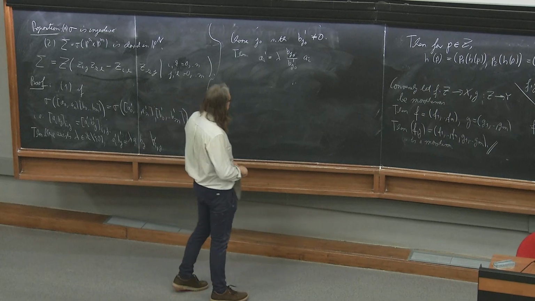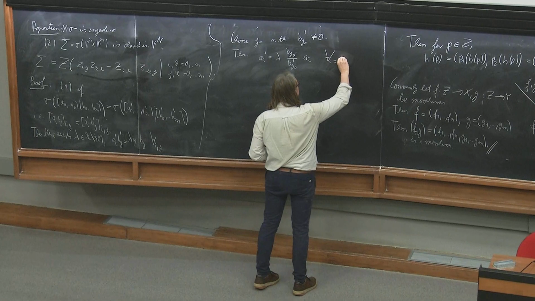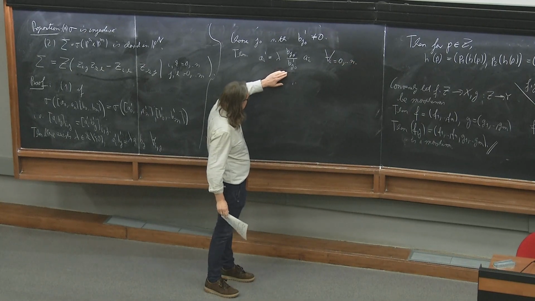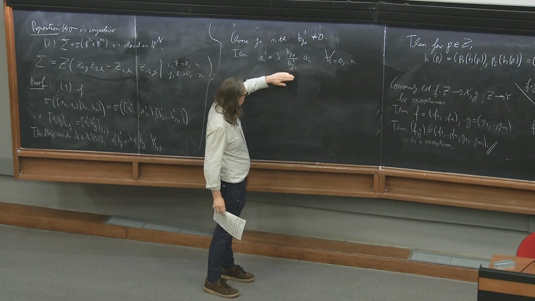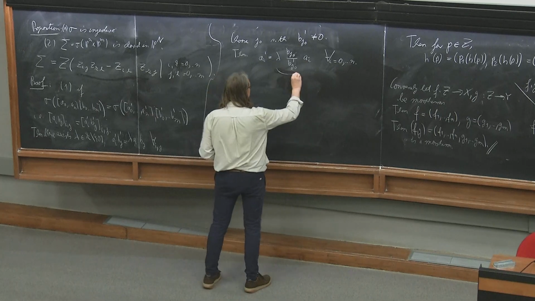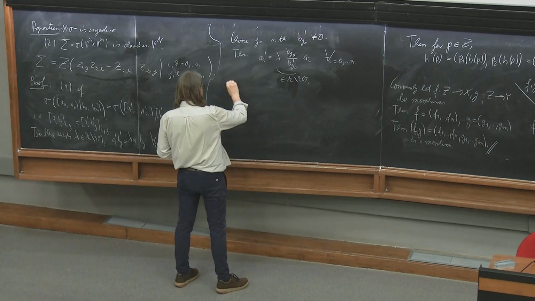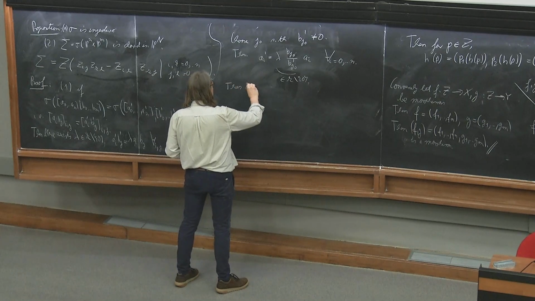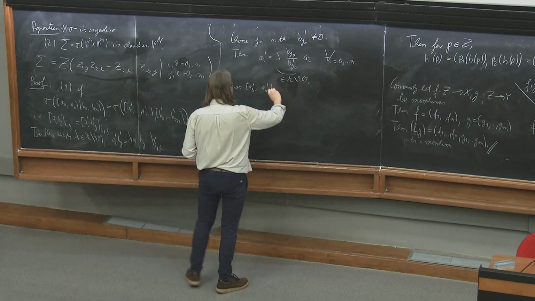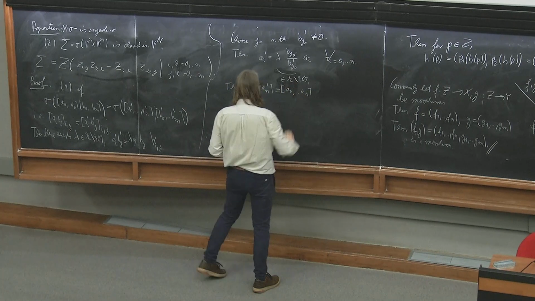This is still true for all i, but this is some non-zero constant, and so it means that A_0' to A_n' is equal to A_0 to A_n as a point in projective space.